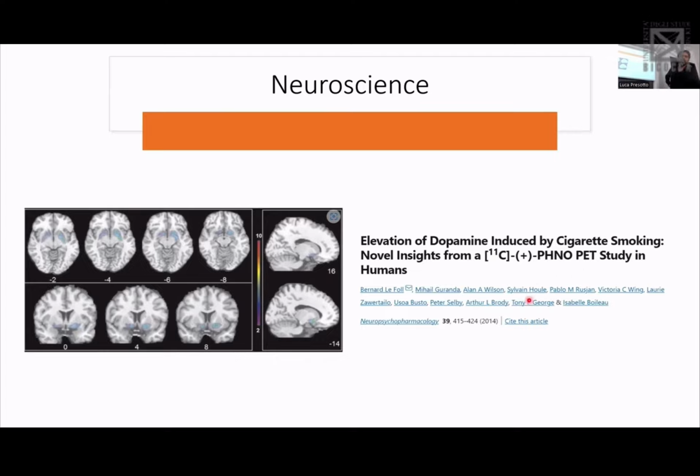And like in this case, they could find in smokers how the dopamine circuit was responding before and after smoking a cigarette.